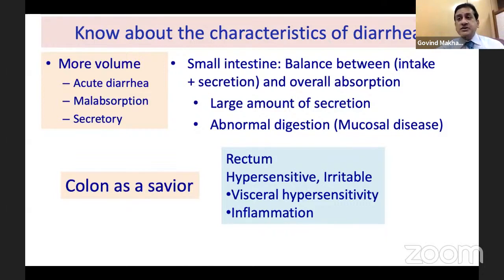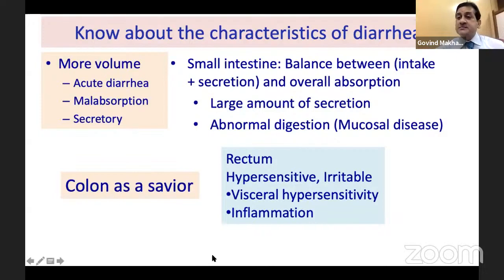Furthermore, the frequency of stool is decided by the rectum, not by the small intestine, not by the large intestine, not by IBD, not by celiac disease. It is the rectum. The rectum has the mechanism of sensory fibers. It senses afferent, center, efferent, and therefore the defecation.